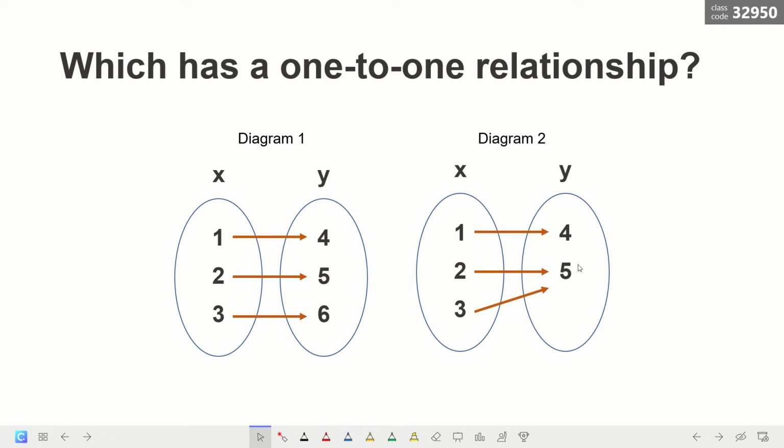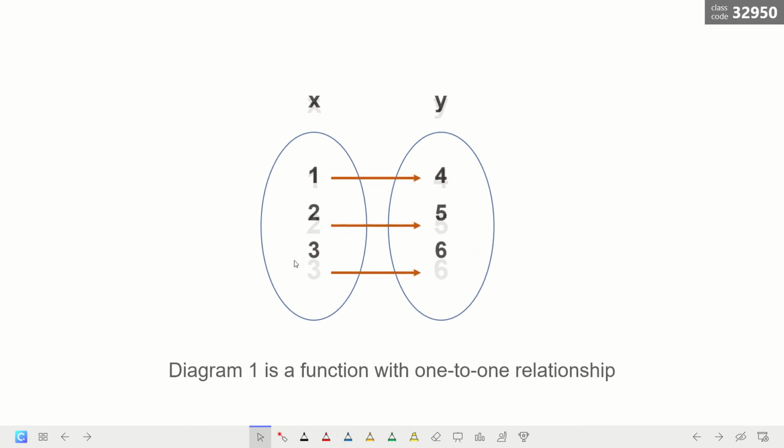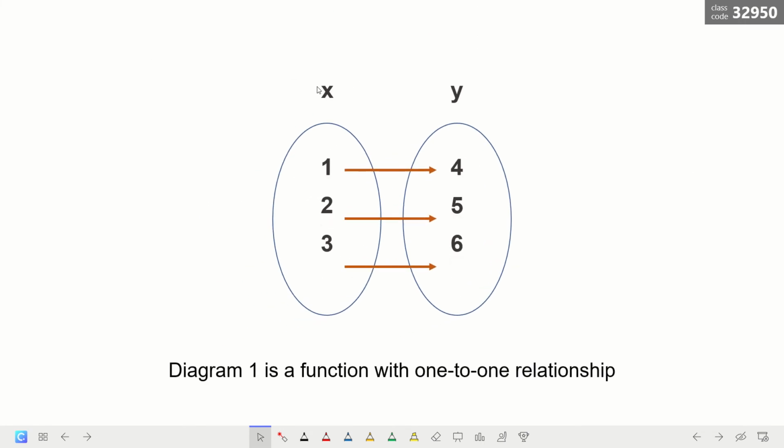So 2 corresponds to 5, and then 3 also corresponds to 5. Therefore, diagram 1 is the only diagram given that has a one-to-one relationship. And since we classified it as a function, it is a function with a one-to-one relationship.